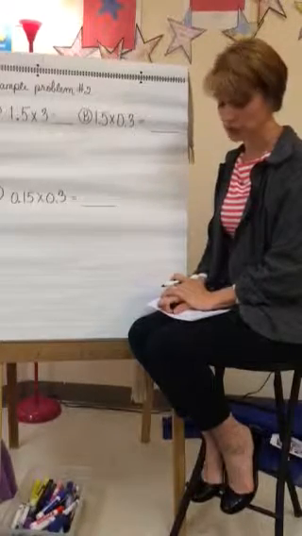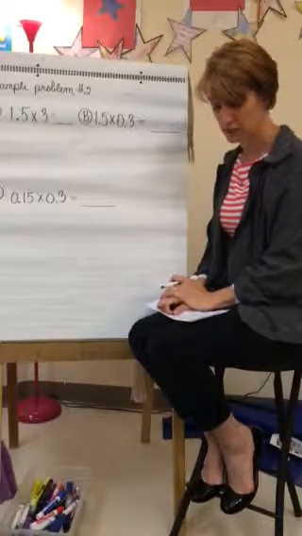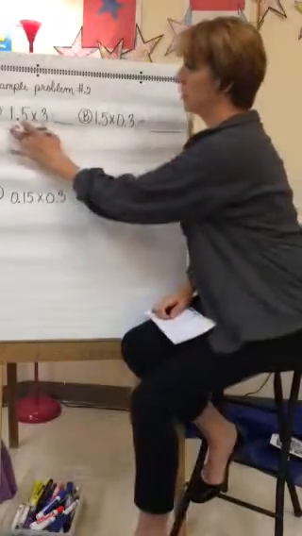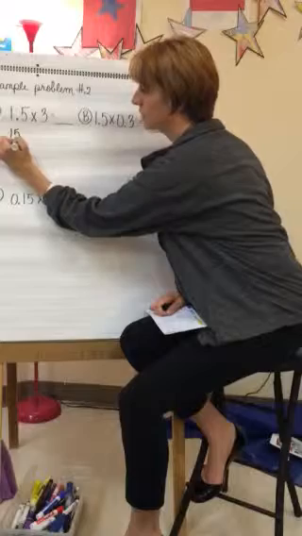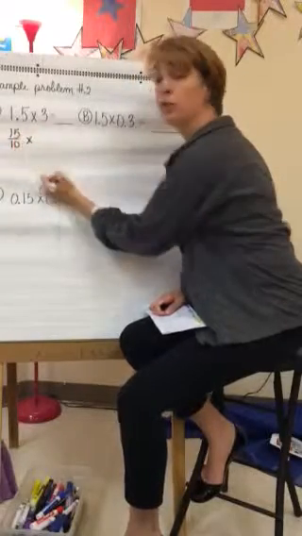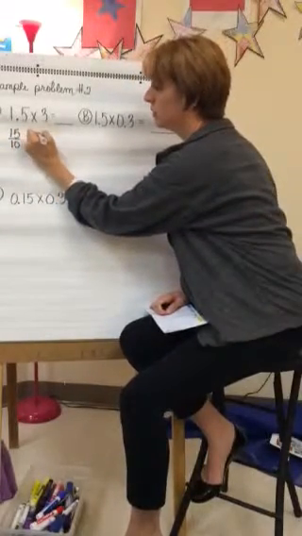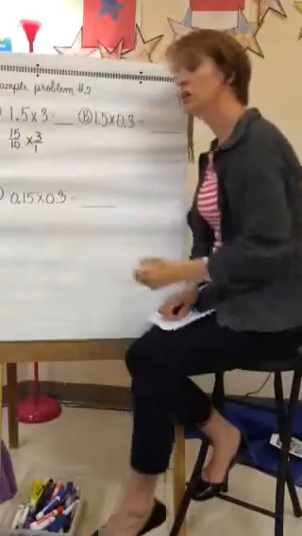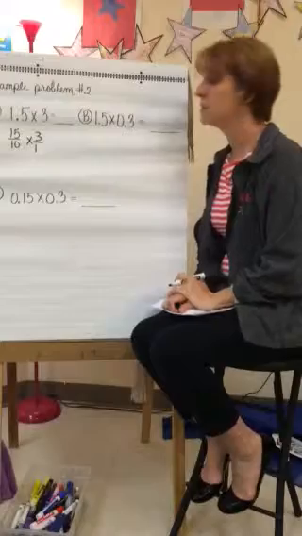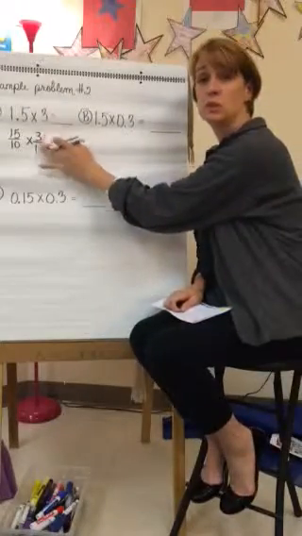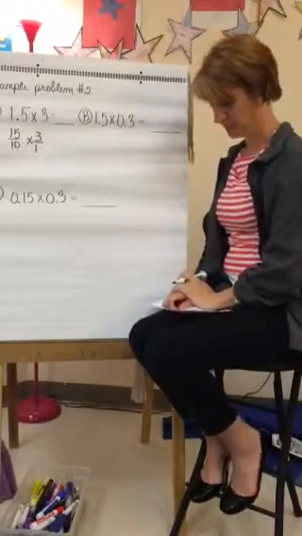I would have the students rewrite 1.5 times 3 in fraction form. 1.5 would become 15/10 times 3 whole. Using your discretion, you could either leave it as a 3 or as 3/1. Some students need a visual between numerator and denominator.